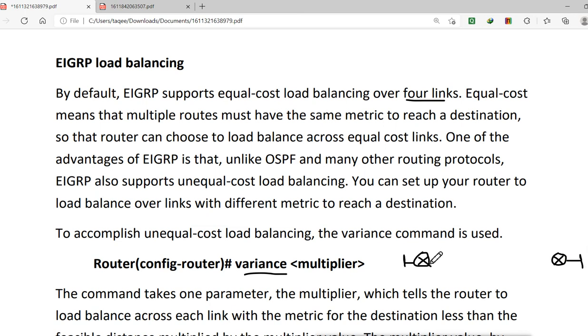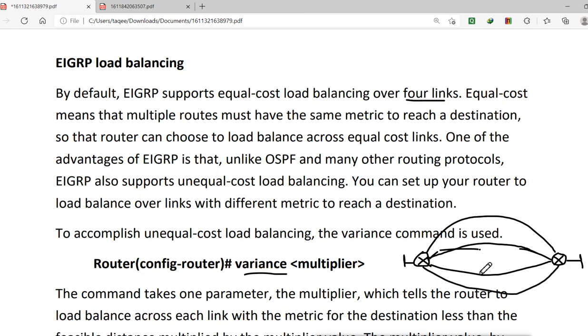Now to reach this network, if we have multiple paths, we have one path, 2 paths, 3 paths, 4 paths, and all these paths have the same cost, same metric. For example, this one has 1, this one also has metric 1, this one also has a composite metric 1. So it can support all these 4 paths, and other protocols, even OSPF and RIP, also support these equal cost paths, maximum up to 4.